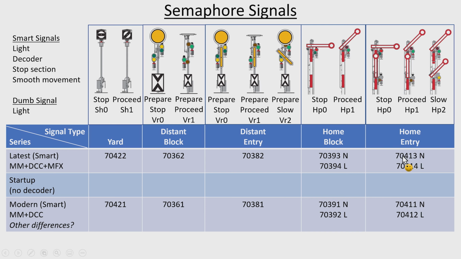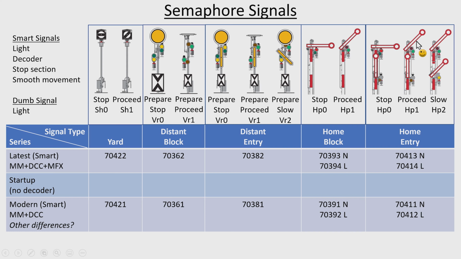The home entry gets a little more complex. It has three signaling aspects like the home entry of the light signal. Basically, it can show stop, it can show proceed, and slow or proceed slowly. However, it uses two wings to do this. So the stop, in order to make it look like the standard home block, it actually has one wing, or the top wing, horizontally, and the other lower wing vertically. And you still see the little light up here that's indicating red.